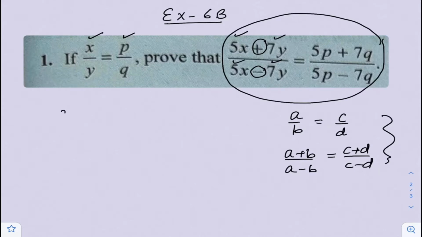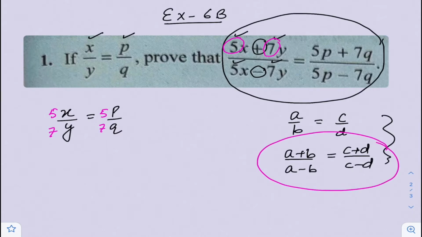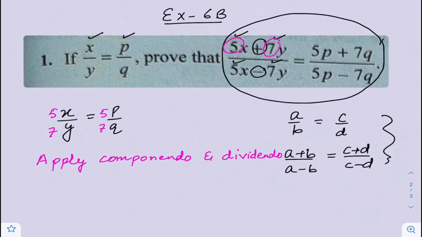So we have x upon y equals p upon q, and see it carefully. Here we have 5 with x and here we have 7 with y. So it is giving us a hint that we have to multiply x by 5 and y by 7 on both the sides. Now if you apply this rule componendo and dividendo, see what is going to happen.